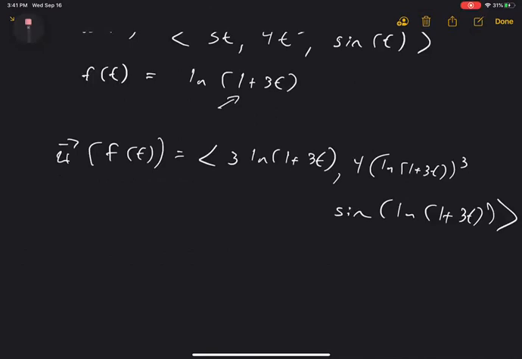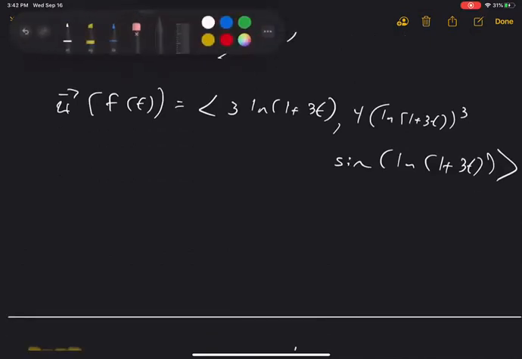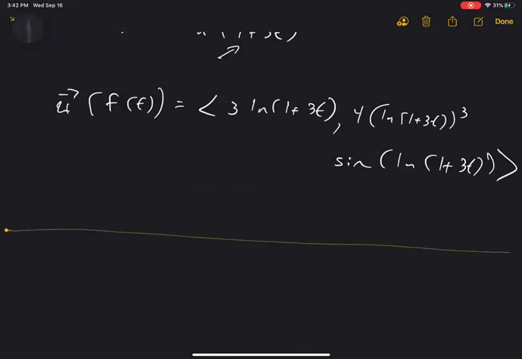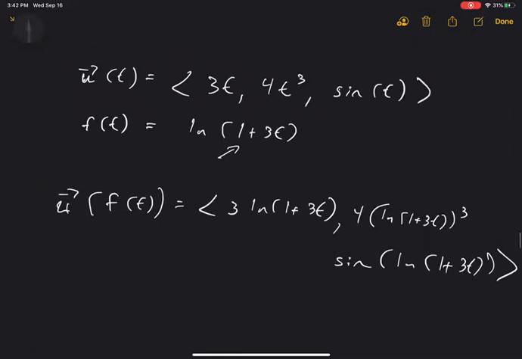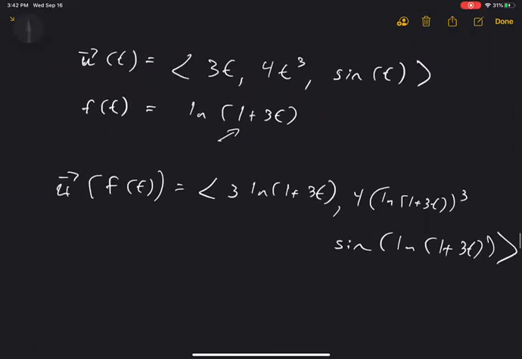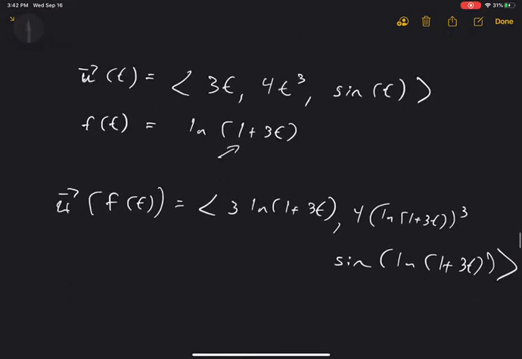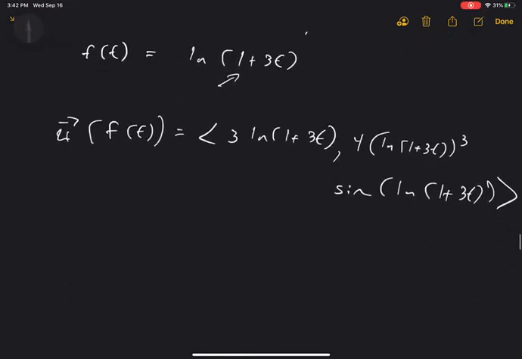Another way to do it is using the chain rule. From the chain rule, if I have u of f of t, what is that derivative going to be?